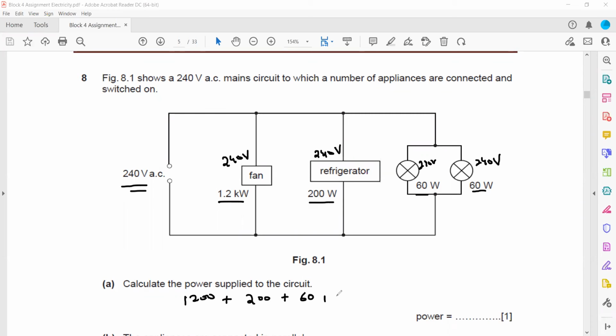One lamp is 60, there are two lamps, so 60 plus 60. So we add 1200 plus 200 plus 60 plus 60. The total power will be 1520 watts. That's the total power of this circuit.